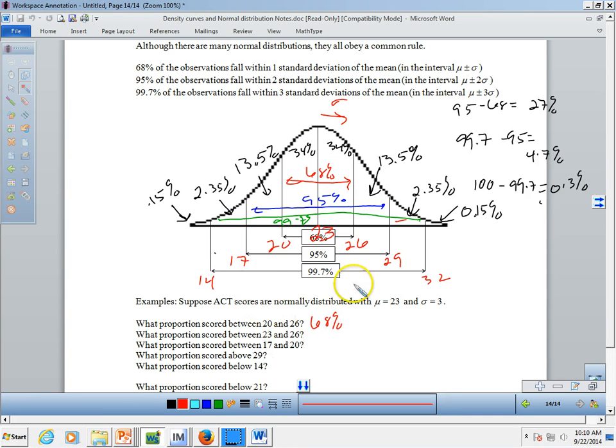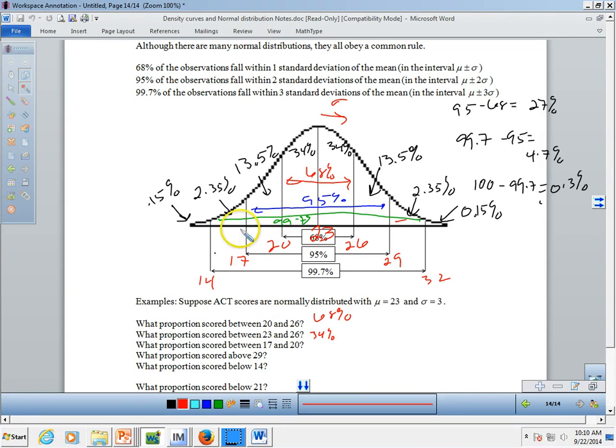What proportion scored between 23 and 26? Well, here's 23, your mean. 26 is at one standard deviation. I only want the right side of this first standard deviation, so I want half of 68, or 34%.